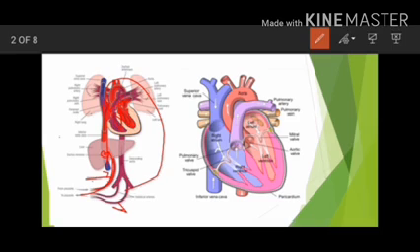They are very resistant and unable to receive the blood. So there is a special opening between the pulmonary artery and aorta. This opening between two arteries, both of which are arteries only, is called the ductus arteriosus. This is one special structure.